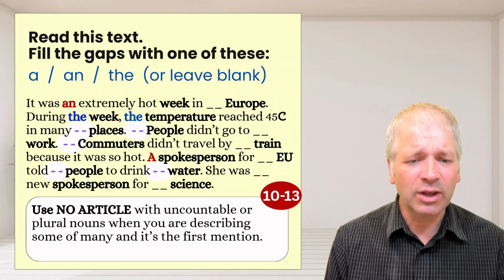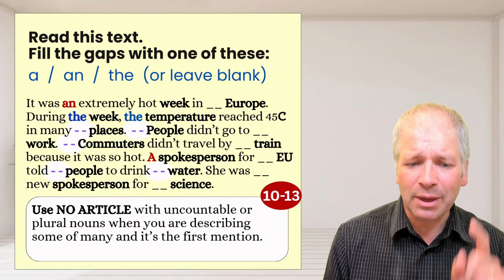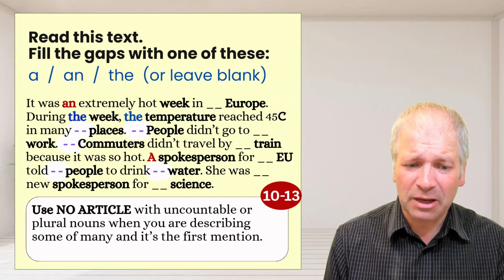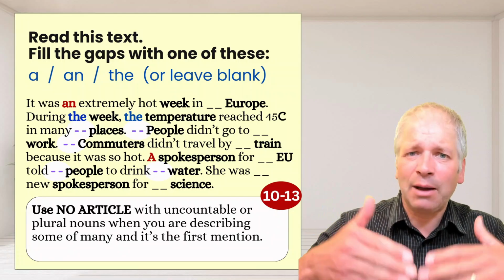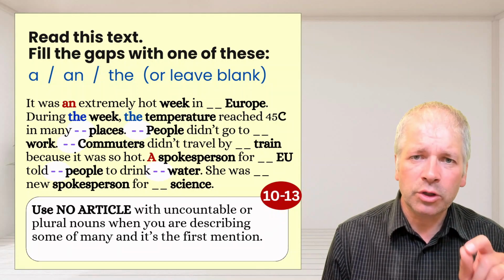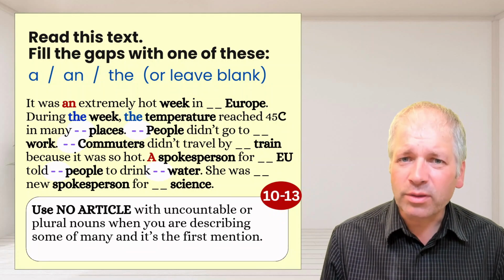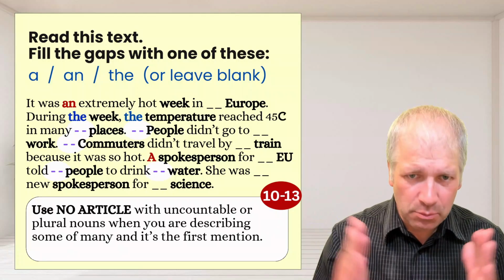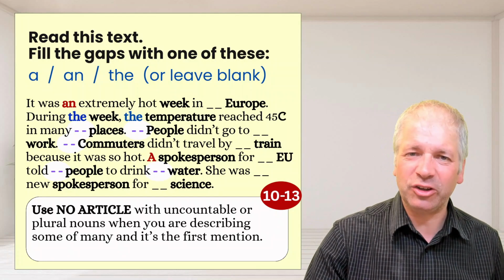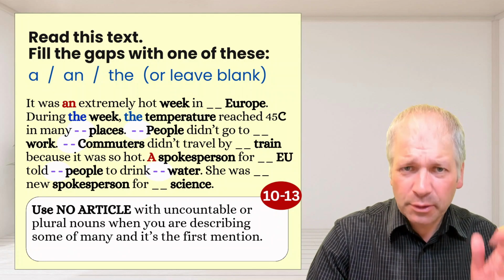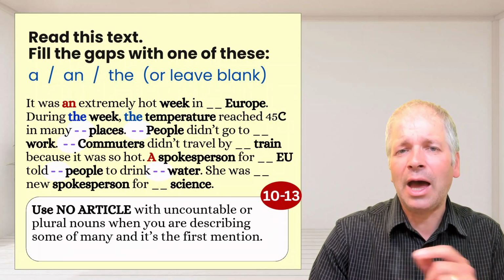But it's probably not. It's probably a new group of people. So again, it's plural. It's the first mention. It's some people out of many, so do not use an article here. Water is an uncountable noun, so no article because it's the first mention again. So those are the basic rules for a and the and no article.